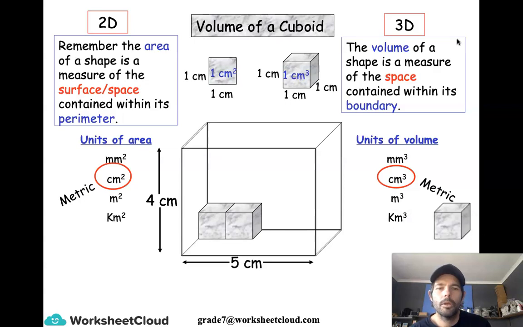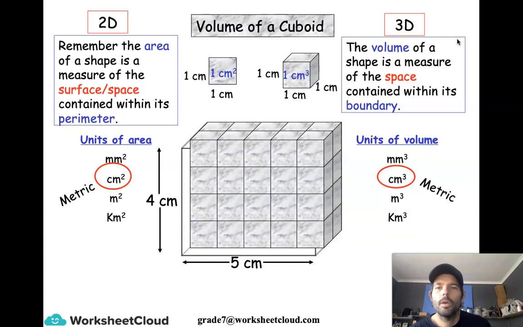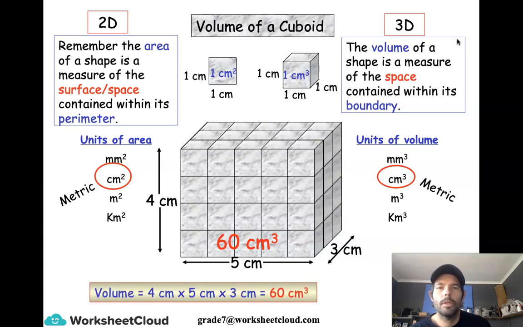So these would be the cubes that make up the volume of the cuboid. You can see that one face is 20 centimeters cubed. We have a second one at 40 centimeters cubed and a third one, and that gives us a total of 60 centimeters cubed. Okay? So the volume calculation would be length times width times height, 4 times 5 times 3, and that gives us our 60 centimeters cubed.